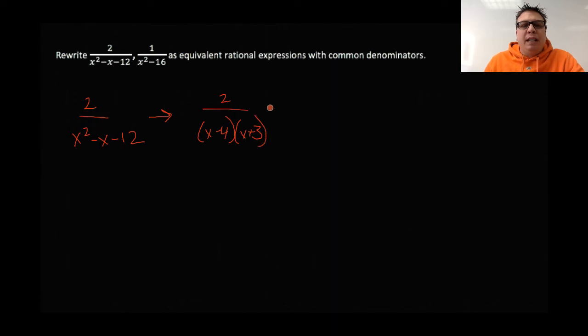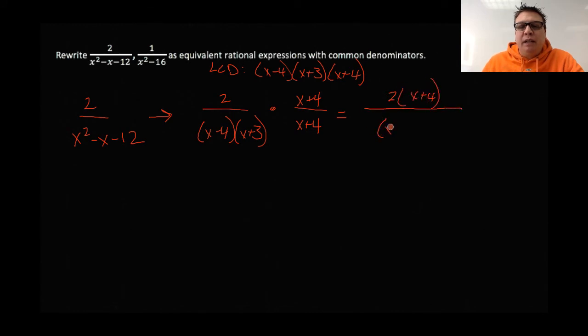But remember, I needed to reintroduce, my least common denominator was x minus 4, x plus 3, and then the x plus 4. So I've got to introduce an x plus 4 to both the numerator and denominator. So I have common denominators. So now I get in the numerator 2 times x plus 4 divided by x minus 4, x plus 3, x plus 4.